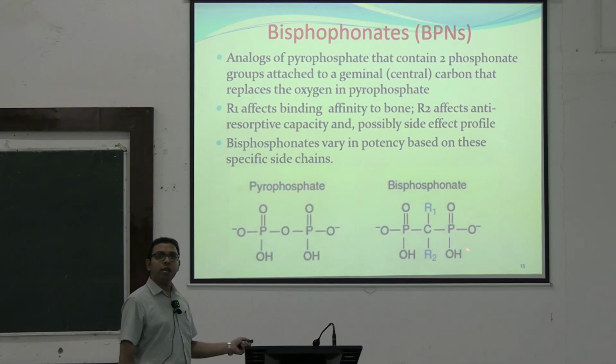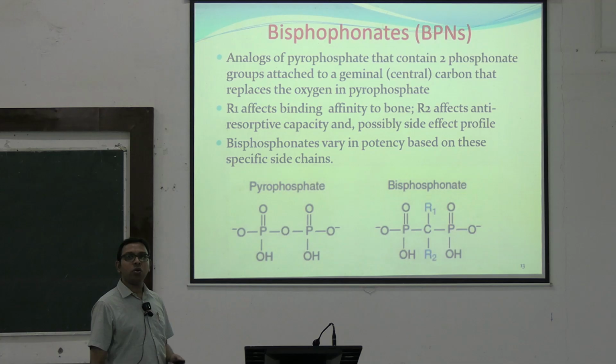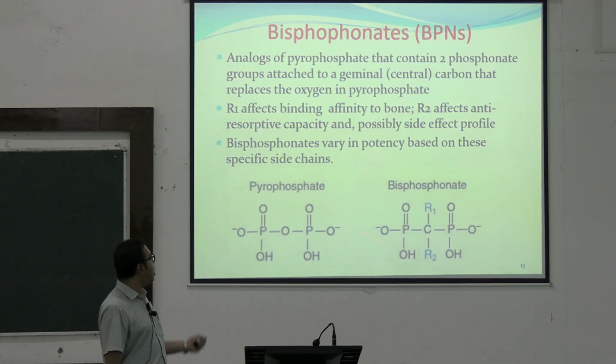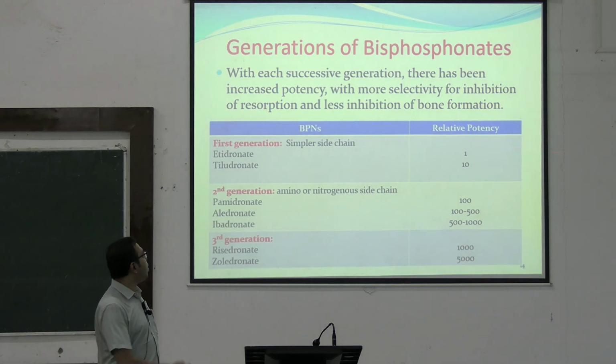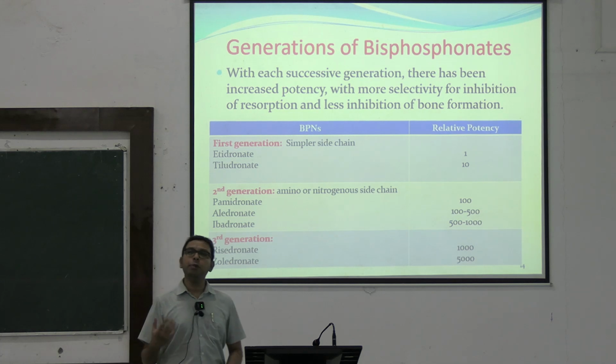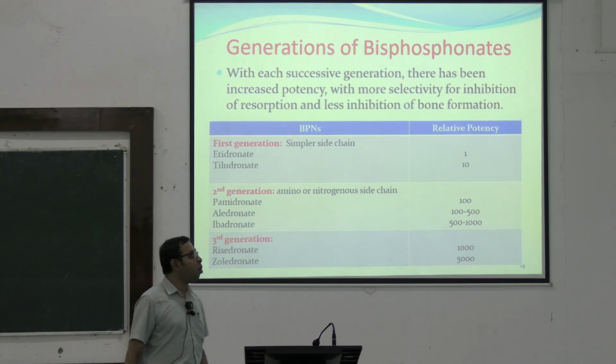This depends on what is supplemented in the R2 position, and possibly this is also related to the side effect profile. So they have different potency. There are first generation, second generation, third generation, etc. You can see that with successive generations there will be increased potency of the bisphosphonate. That is, there will be more active binding with the bones and more interference with bone resorption.